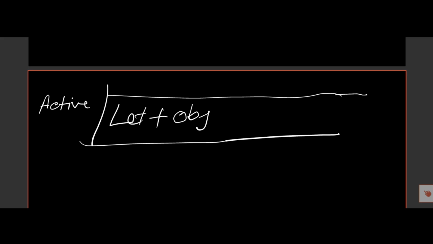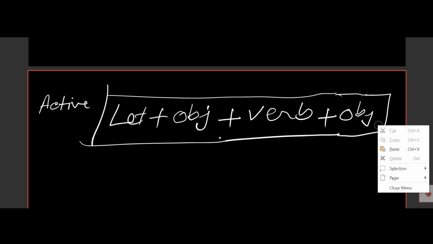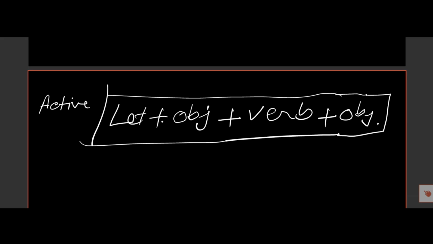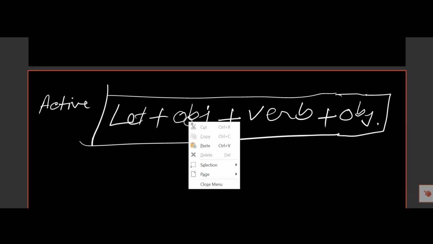So here is object, and the verb here. After let, this is subject, but the person will be in the objective form. So let plus object plus verb plus object.